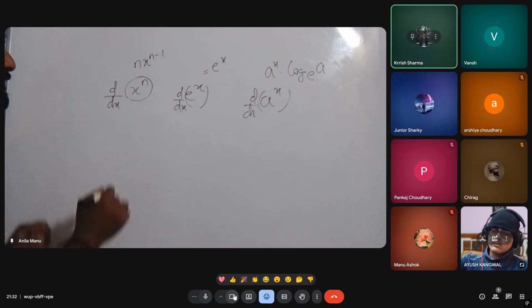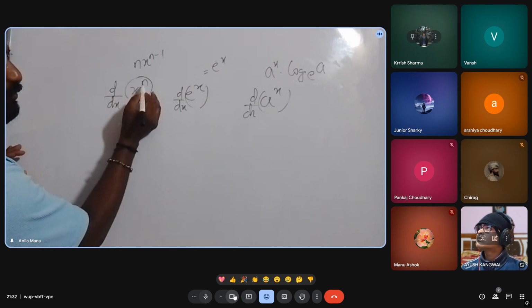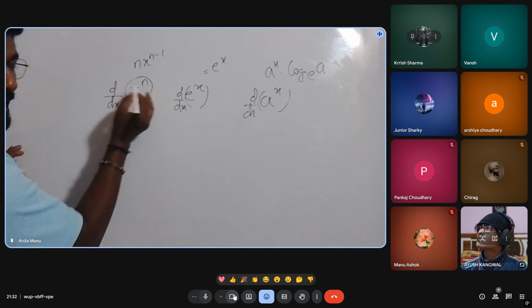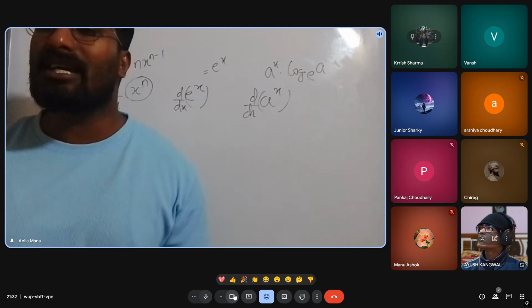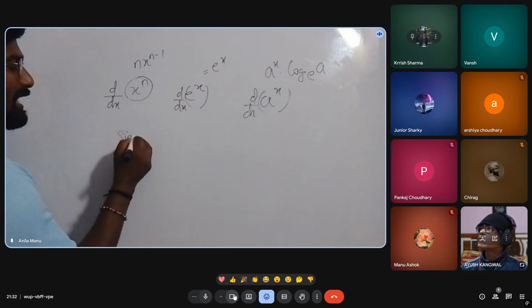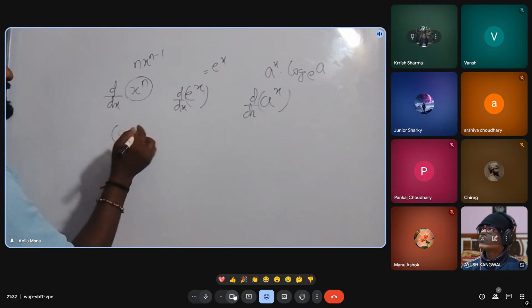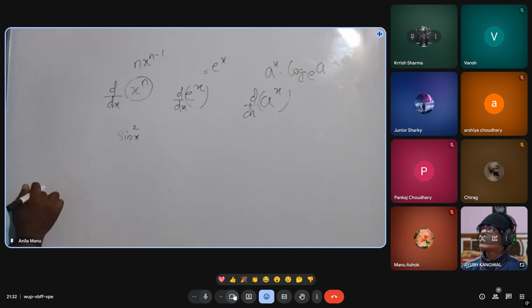I can use this property when n is an integer. Any integer we get, you can use this property. Example, if I write sine x the whole raised to n, that is sine square x, this is possible.